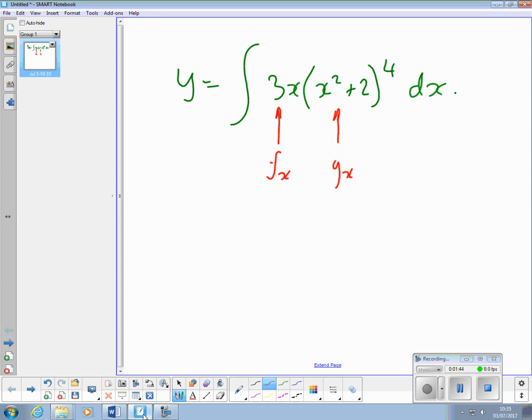What we need to use is algebraic substitution. Do you remember that?